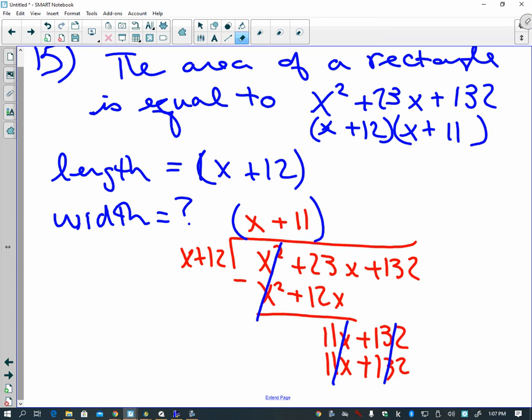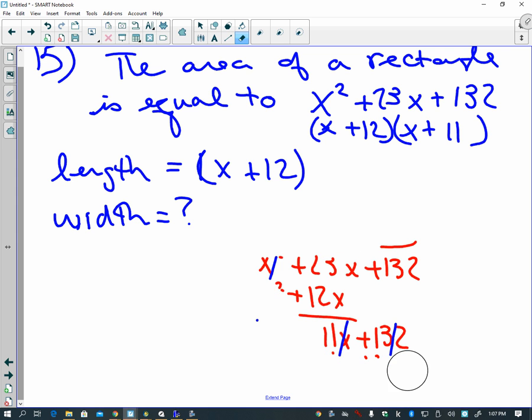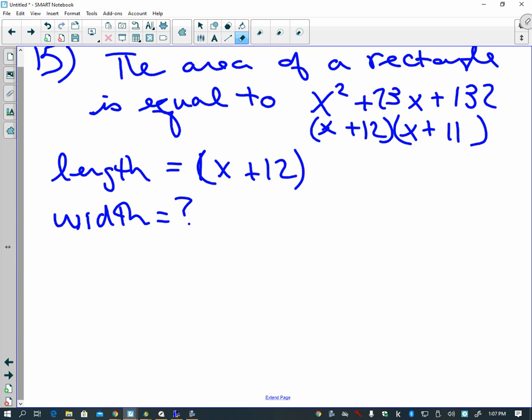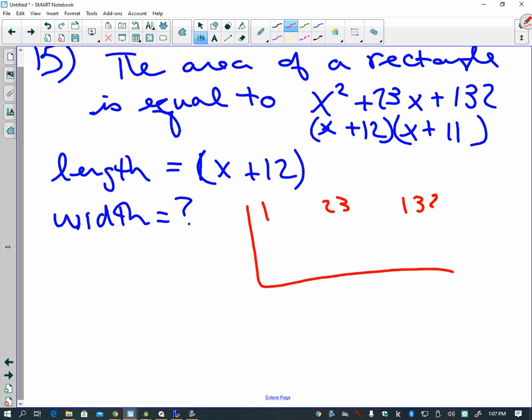No, what I'm talking about is do exactly what you did with the long division, except use synthetic division. So I would put 1, 23, 132. And I would set x plus 12 equal to 0, right? And subtract 12, right?